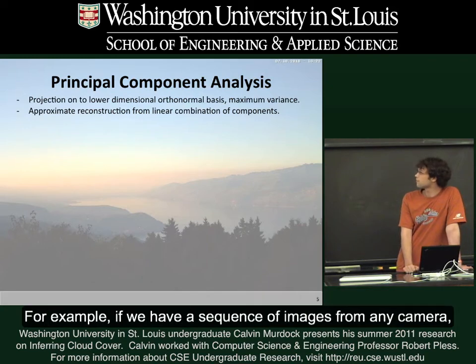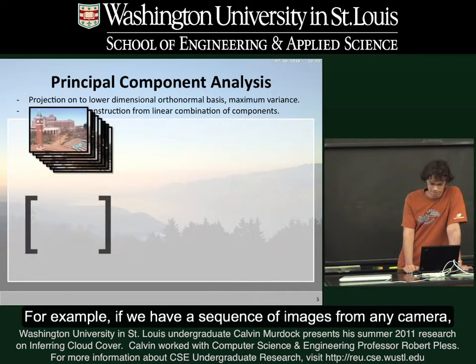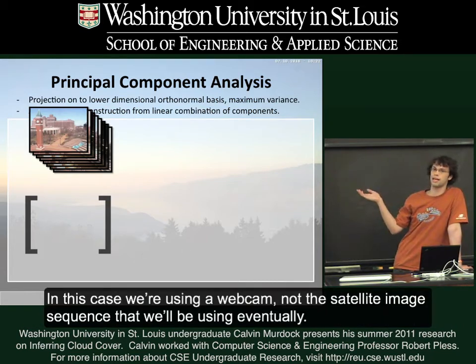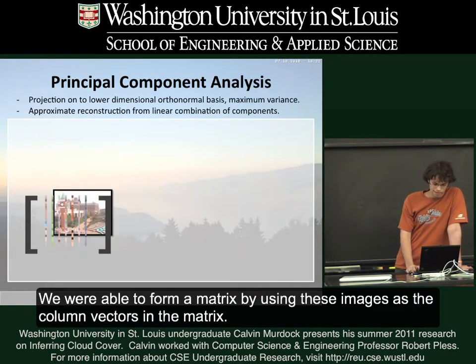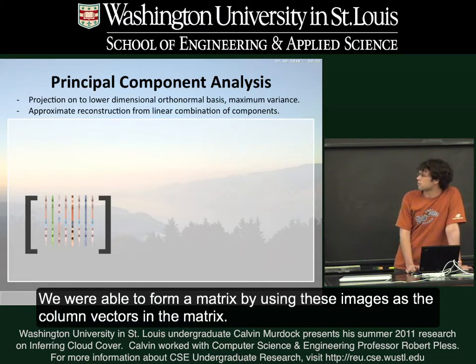For example, if we have a sequence of images from any camera, in this case we're using a webcam, not a satellite image sequence, which we'll be using eventually, we're able to form a matrix by using these images as the column vectors in the matrix.